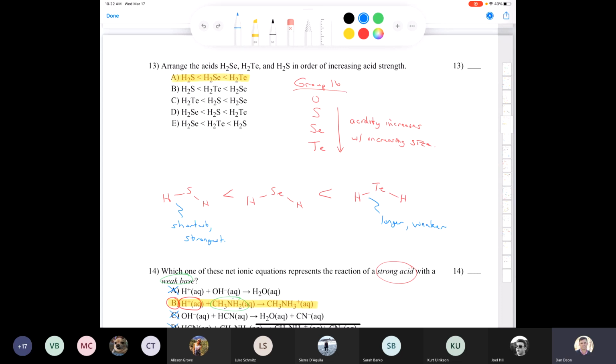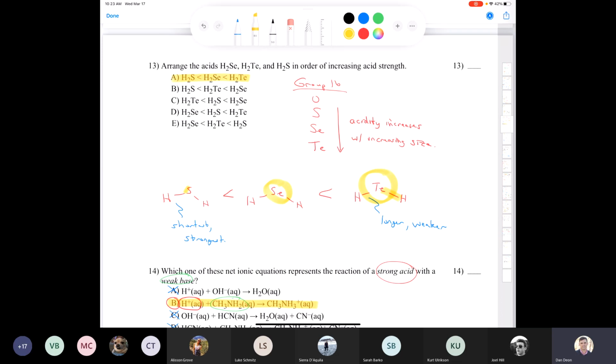This one just says arrange these acids: H2Se, H2Te, H2S. So you see that selenium, tellurium, and sulfur are all in group 16, and we talked about the relative strengths of acids based on atoms that are in the same group. As the central atom increases in size, the bonds get longer and weaker, because the size of the atom is bigger as you move down a group.